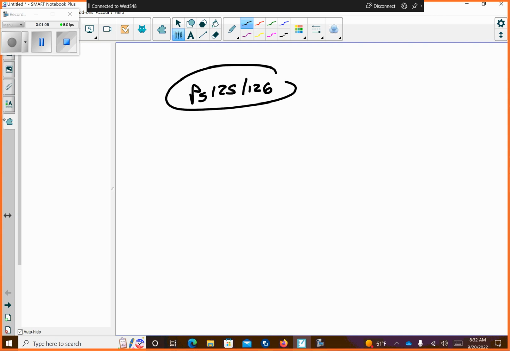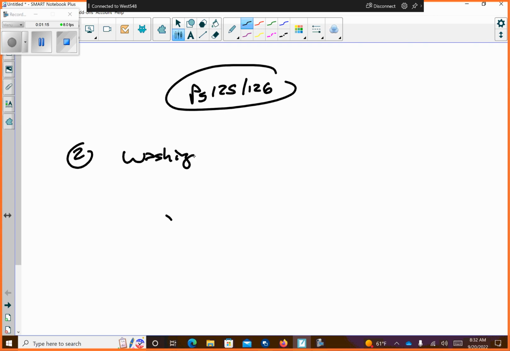Okay, so it looks like for number 2 is Washington High School, if I counted that right, and I just did it real quick. Looks like they have 39 students total in this category, and Lincoln has 37 students. So it's in order, okay?